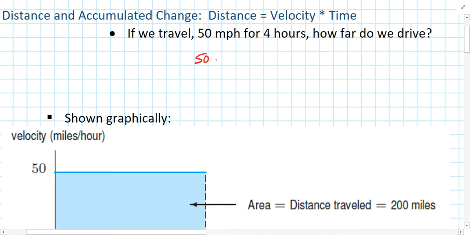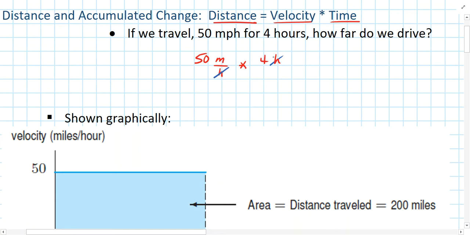Well, most students recognize that if we multiply our velocity times the length of time that we travel at that velocity, then we're going to end up with our distance. So 50 miles per hour, I'm going to write my units this way, miles over hours, times 4 hours. Now, if you notice in these units, we've got technically an hour in the numerator, an hour in the denominator.